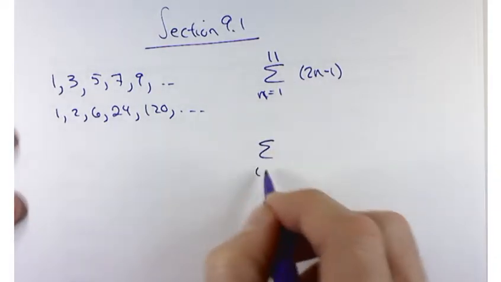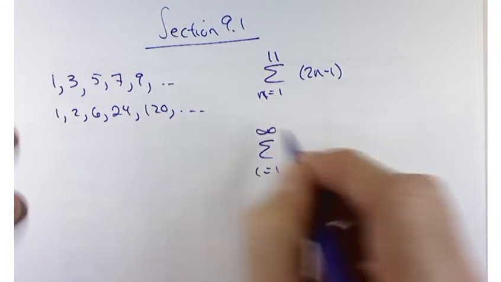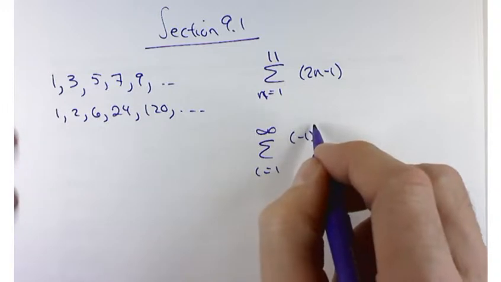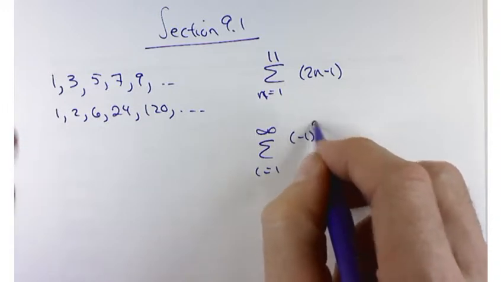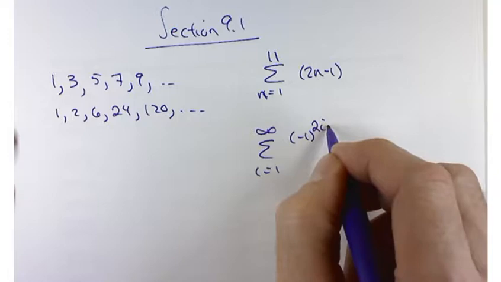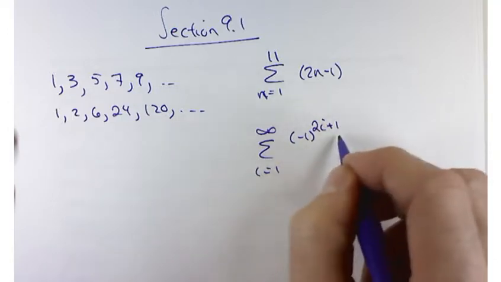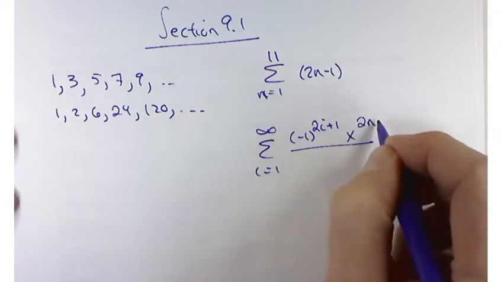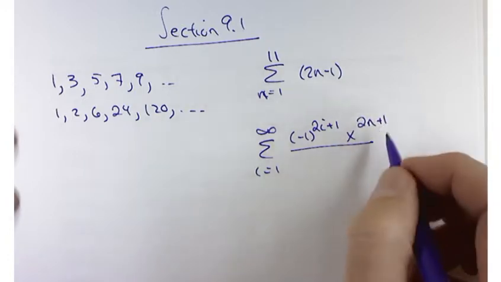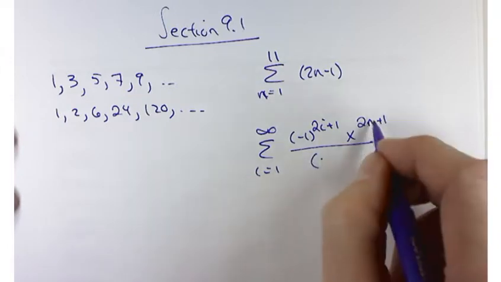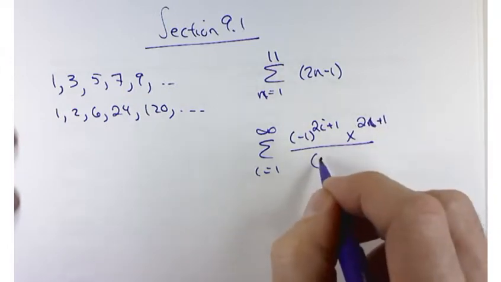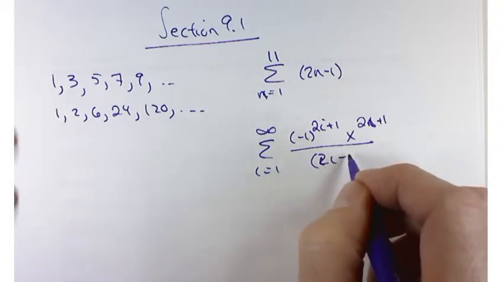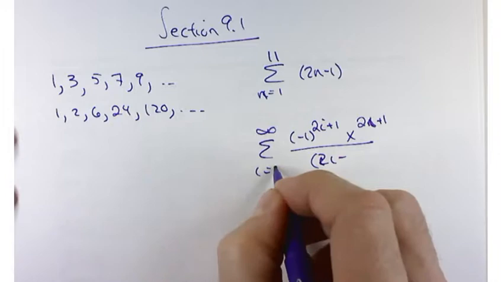The sum from i equals 1 to infinity of negative 1 to the 2i plus 1 times x to the 2n plus 1 over 2i plus 1 factorial, it should be a minus 1, we can start at 0.